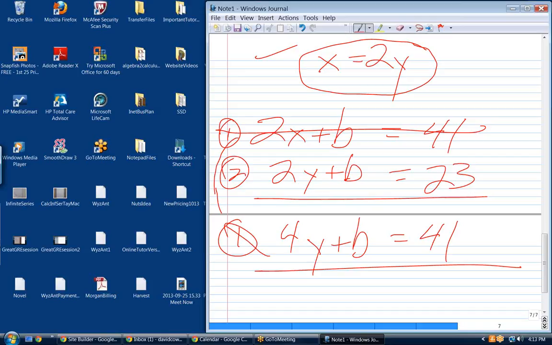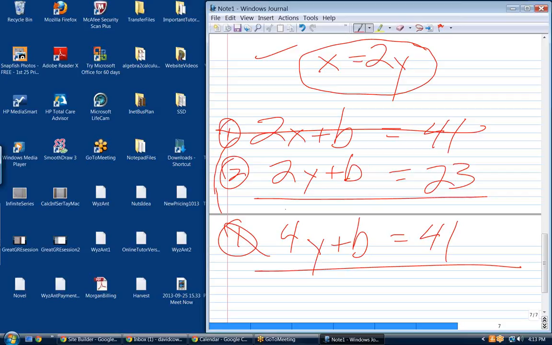A better strategy, if you have any discomfort with subtraction, is to multiply one of these equations by a -1, changing the sign of every term. Okay, let's do that.